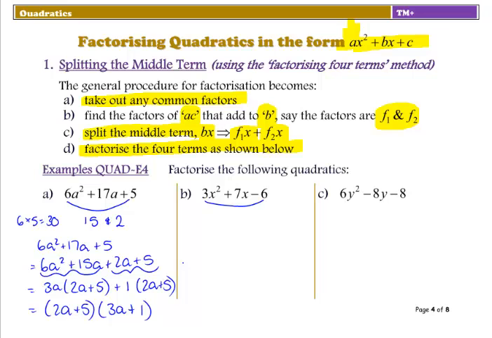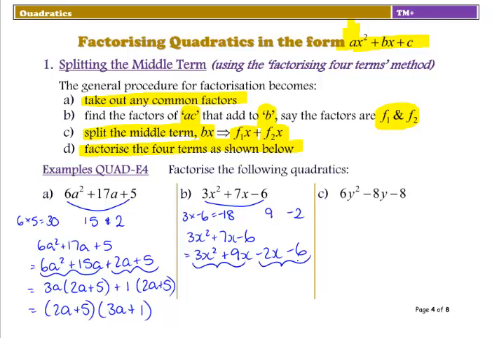3 times 6, or 3 times negative 6 in this case, is negative 18. Now factors of negative 18 that add to give 7 would be 9 and negative 2. Okay, so let's split. So we've got 3x squared plus 7x minus 6 would become 3x squared plus 9x minus 2x minus 6.